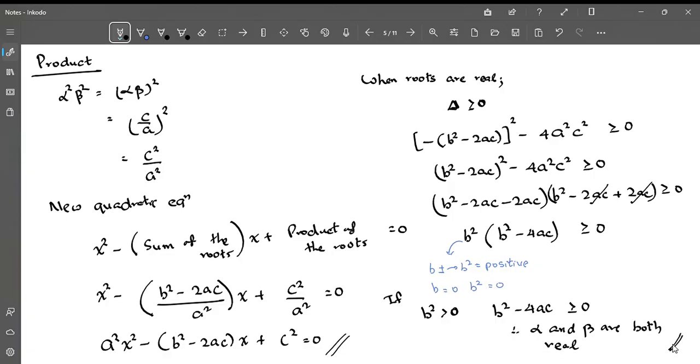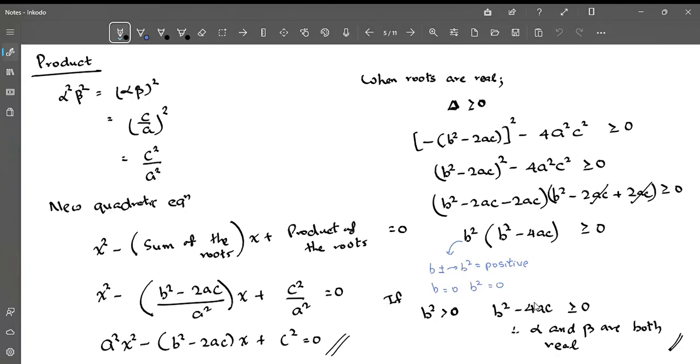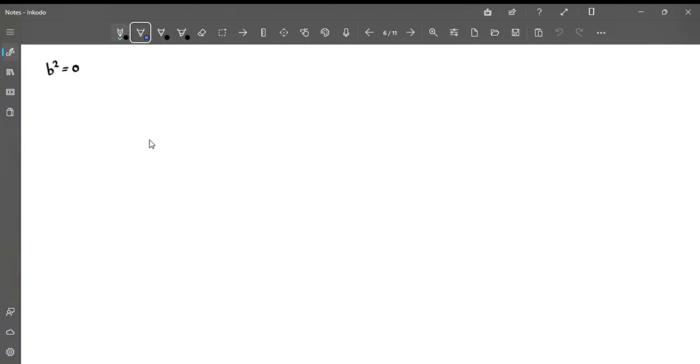The other condition is when b squared equals 0. Since we considered b squared minus 4ac positive above, we will consider the other option, b squared minus 4ac negative. B squared is 0, so 0 minus 4ac is negative.